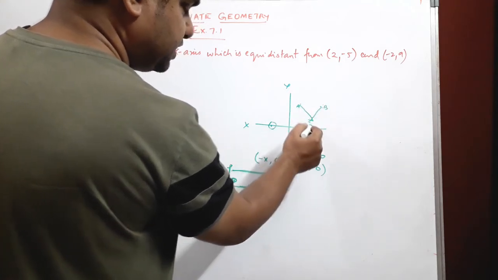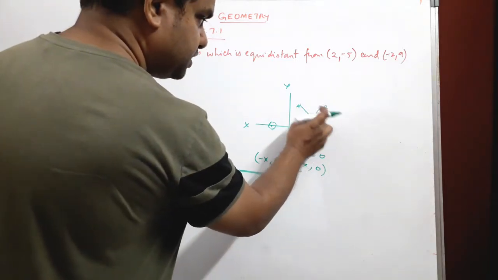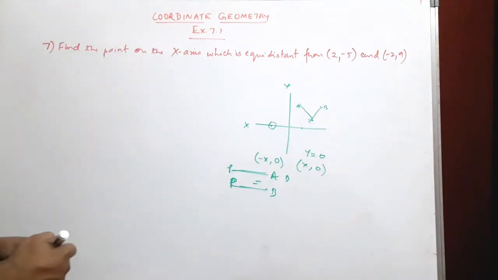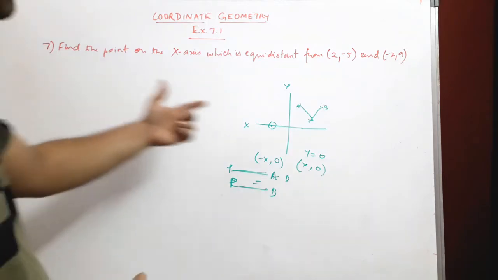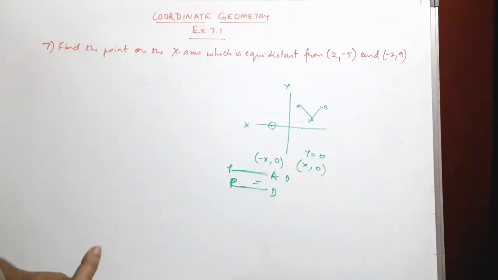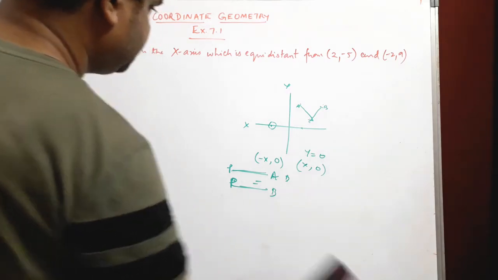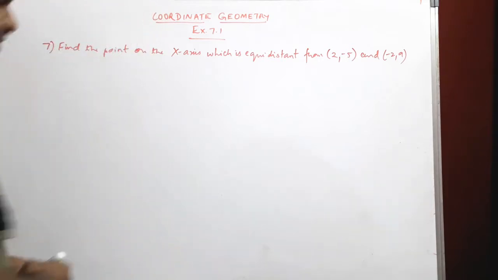That is what it's trying to say when it says equidistant, meaning they are at equal distance from this point. So we need to find PA and PB, and when we do that, we will get the coordinates of P for which those 2 points are equidistant from P. So let us first begin with our assumption followed by solving for PA and PB.